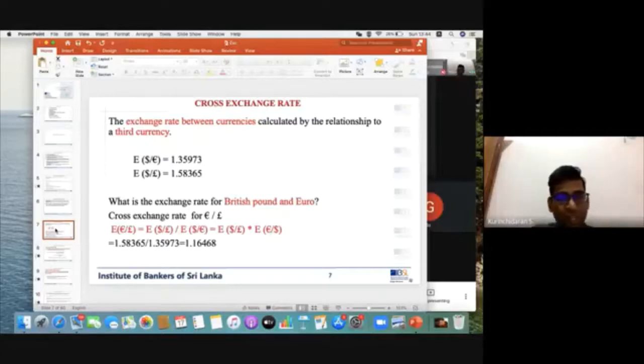Now, what is happening in the market is that some currencies' exchange rates are readily available. You can go to Bloomberg and get the rates: USD Euro, USD Sterling Pound, whatever the rates, they are available.